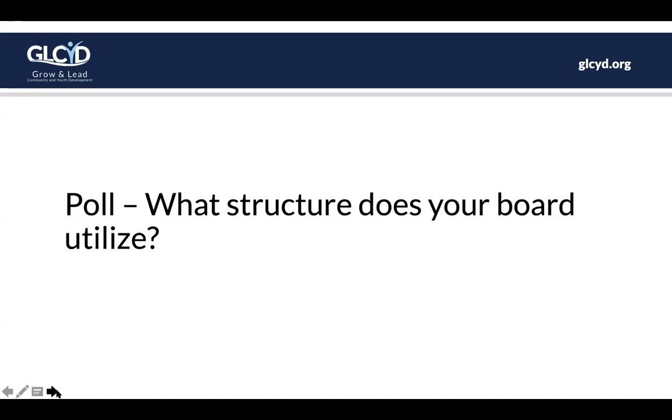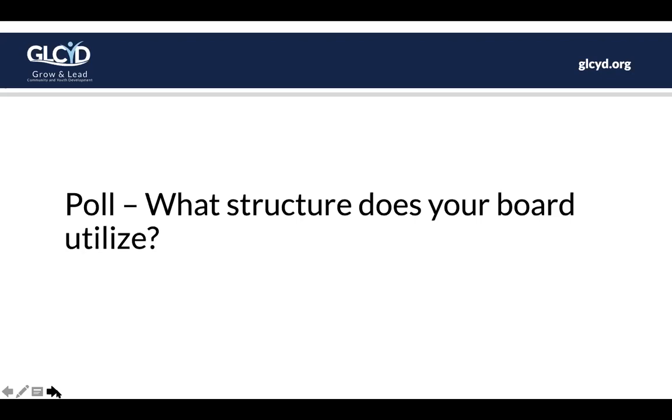And I should mention that you don't have to stay with that structure forever, right? As you grow and mature, you can move to the next or move up. Same thing, if you really need to get hands-on with your agency, you can move back to a different structure. If you want to be more hands-on and everyone on the board agrees, there's consensus, you can move back to a working board.